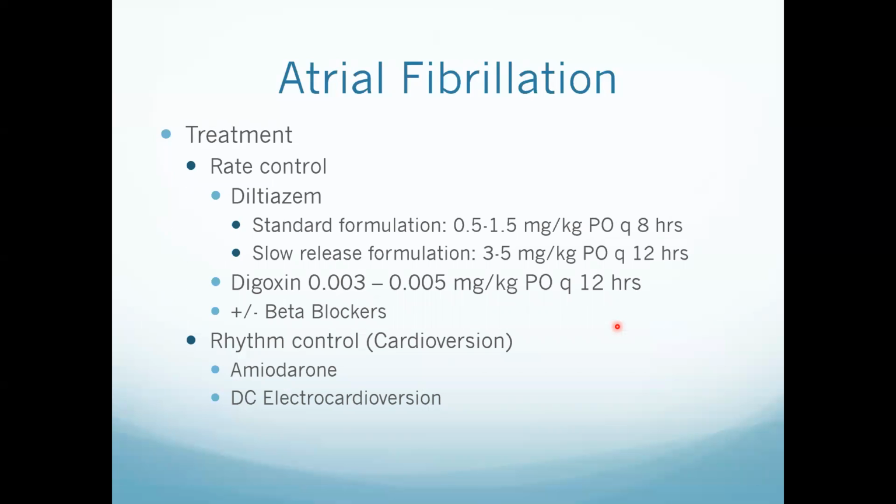Treatment for atrial fibrillation. Again, we don't need to worry about treating these guys acutely in most cases. A lot of times we'll see dogs with dilated cardiomyopathy with atrial fibrillation, and oftentimes they're in heart failure. Always stabilize their heart failure first. Atrial fibrillation is very responsive to sympathetic tone, and the higher your sympathetic tone, the faster your atrial fibrillation rate will be.